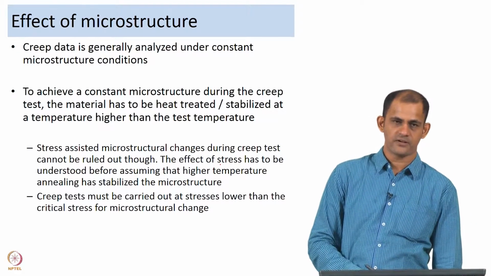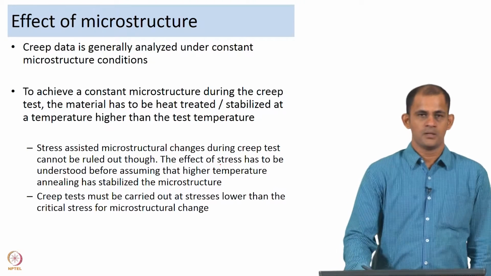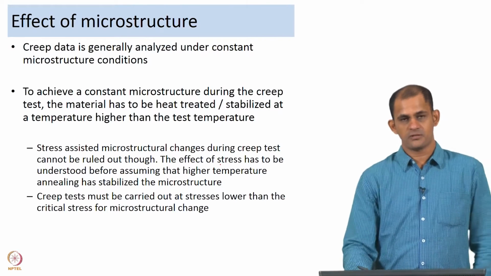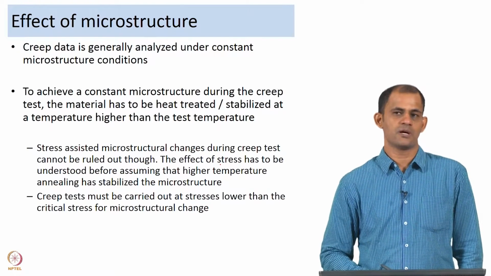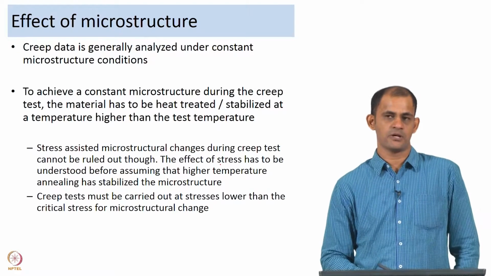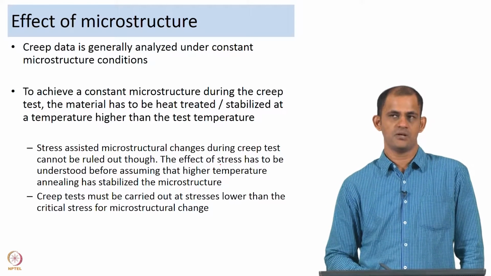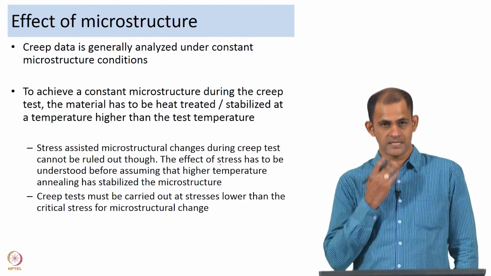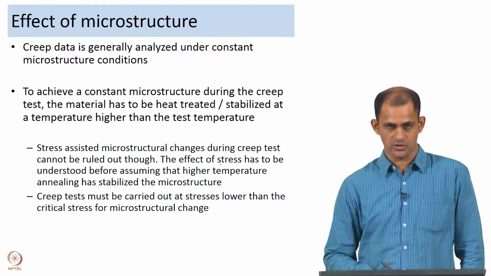Now, let us look at the effect of microstructure. One thing to remember is that when you are obtaining creep data in order to predict the life of a material or a component, it is important that the microstructure stays constant.